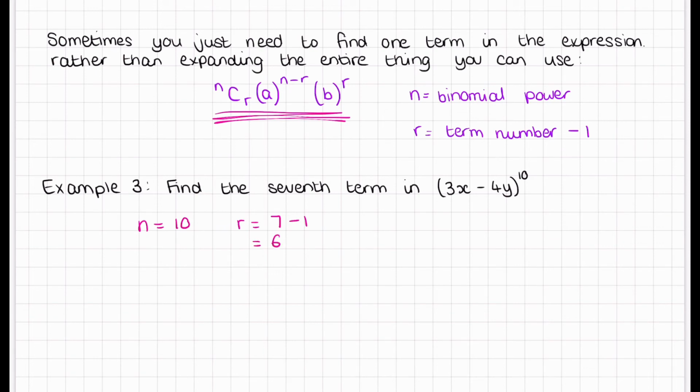So we are looking for the term when our combination will be 10C6. And in that, we have our first term, which is 3x, and we do our n minus r, so 10 minus 6. Our b term, which is negative 4y, is just to the power of r, which is 6.